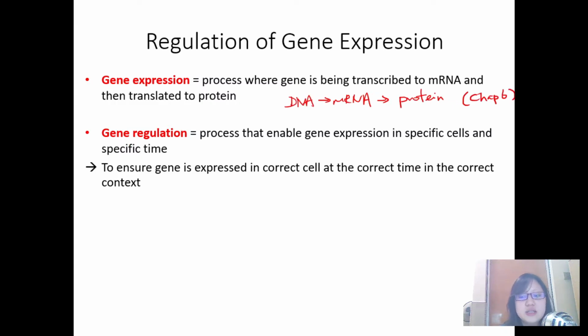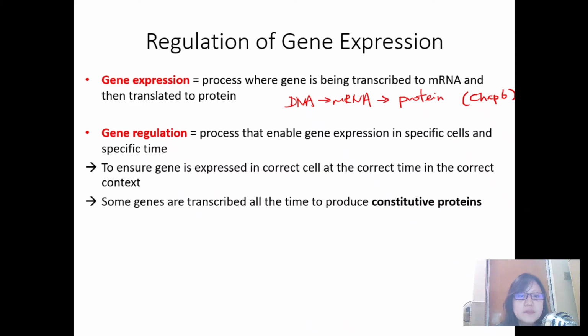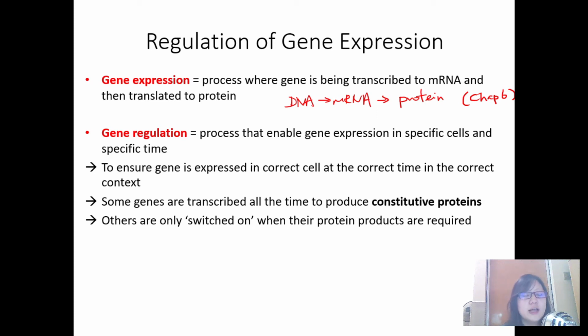Now, some genes are switched on all the time, or are transcribed all the time, and these genes produce constitutive proteins. Constitutive proteins are produced all the time, but some genes can be switched on and switched off. They're only switched on when their protein products are required.